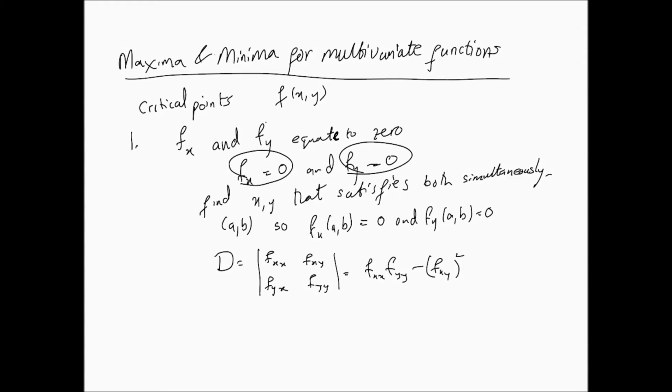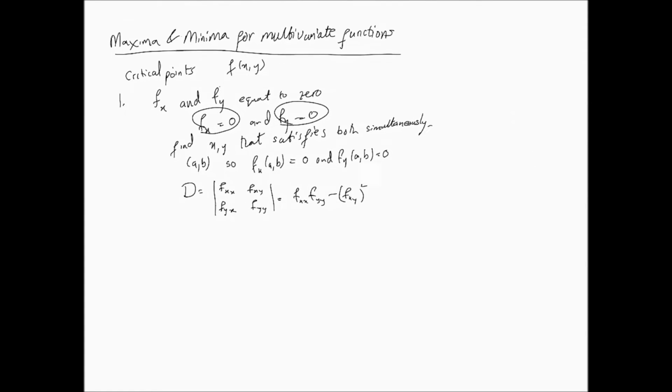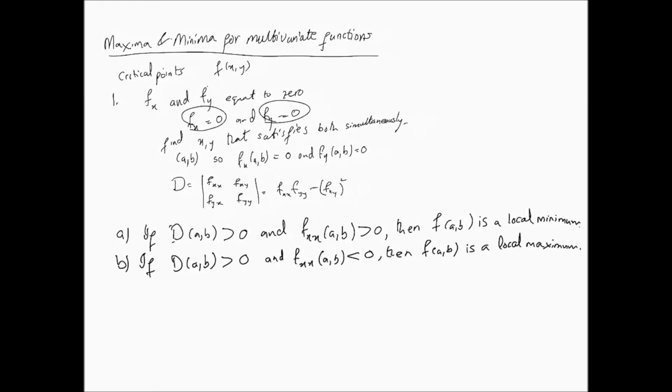Anyhow, let's continue. Once you find this D, then it becomes more of an if-then statement. So we have a bunch of conditions that we want to look at. First thing is that if D(a, b), that's the Hessian just above, calculated at the critical point (a, b), is greater than 0, and if the second derivative of f with respect to x, fxx at (a, b), is also greater than 0, then we say that f(a, b) is a local minimum, and (a, b) is where the local minimum occurs.